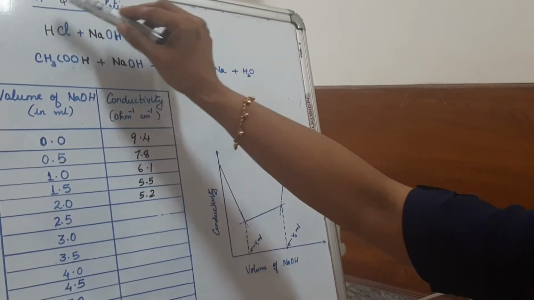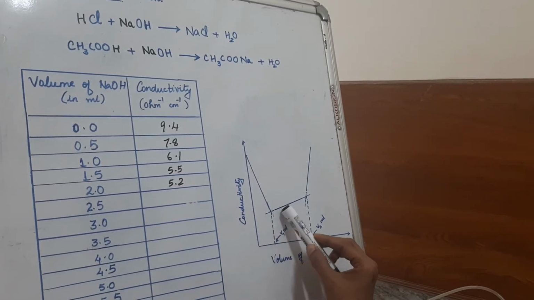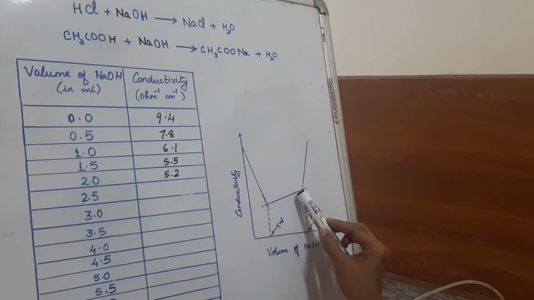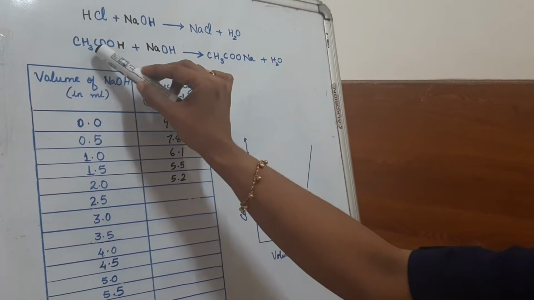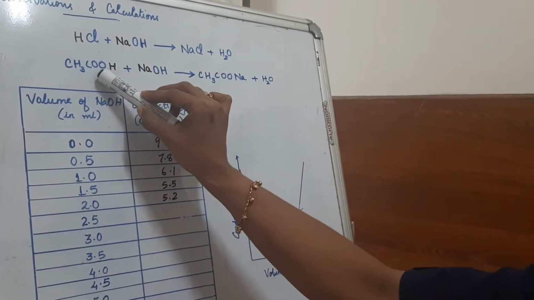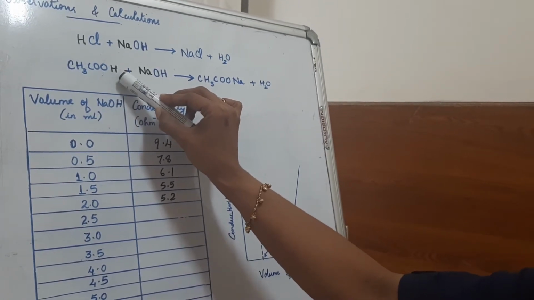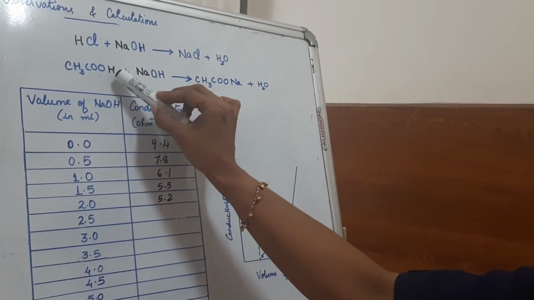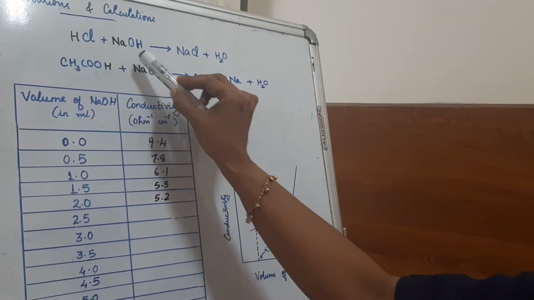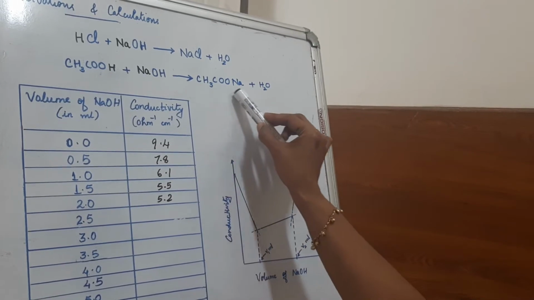When all the H plus is replaced by sodium ions, the conductance is found to increase slightly. This is because the acetic acid present is a weak acid. It will dissociate, forming H plus ions, but the number of H plus ions will be less. When these H plus ions are replaced by the Na plus ions of sodium hydroxide, you get sodium acetate.